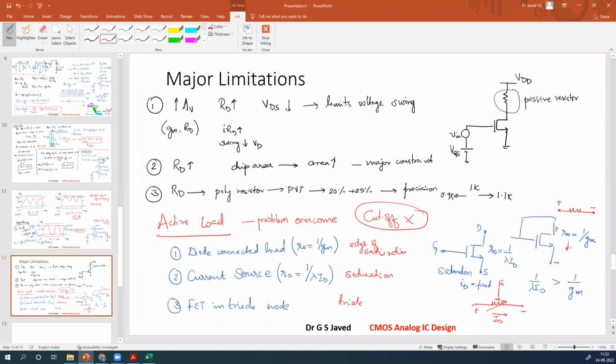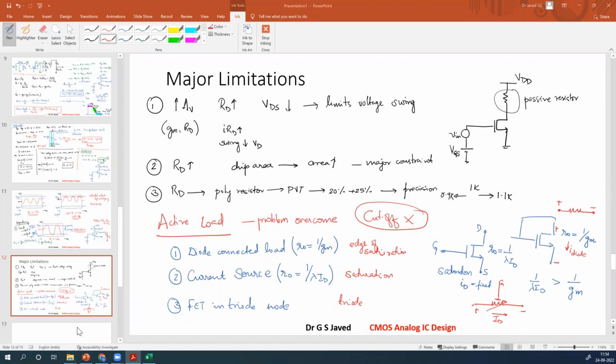Here you will have a diode current ID passing through it, right? So this is how these active loads can work as a resistor.